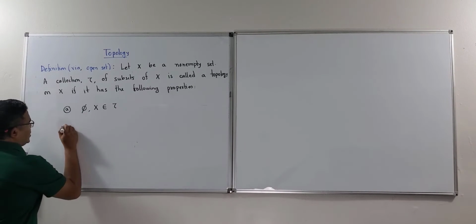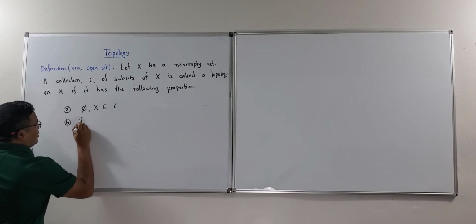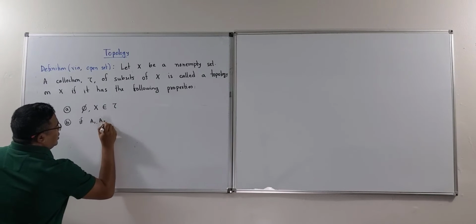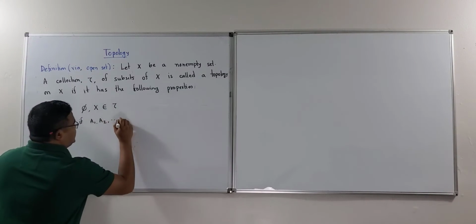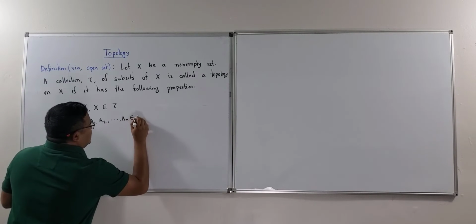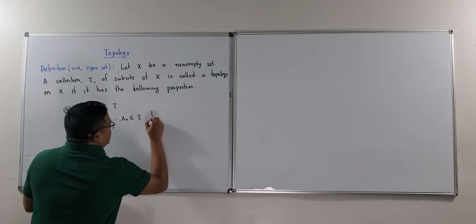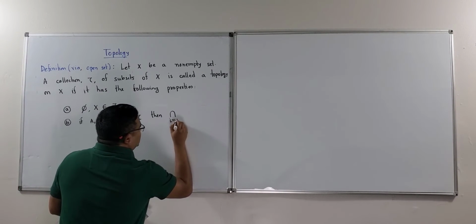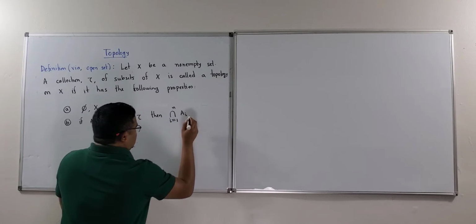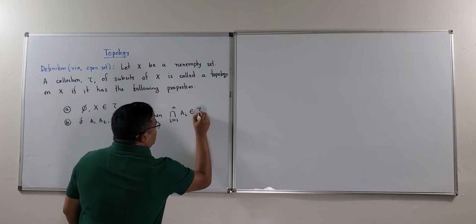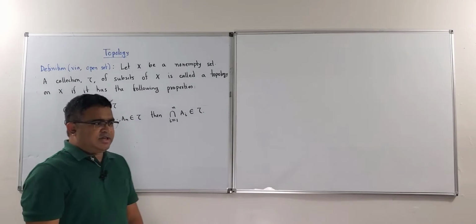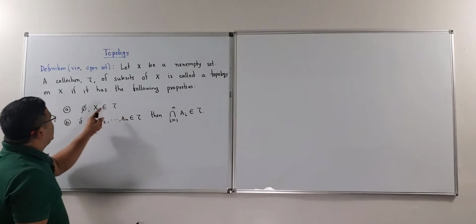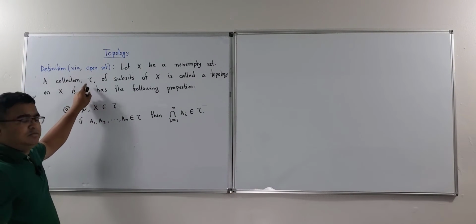Now property B is if A1, A2, ..., AN are in tau, then their intersection would also be in tau. So if you have different subsets, then the intersection would also be in that collection tau.